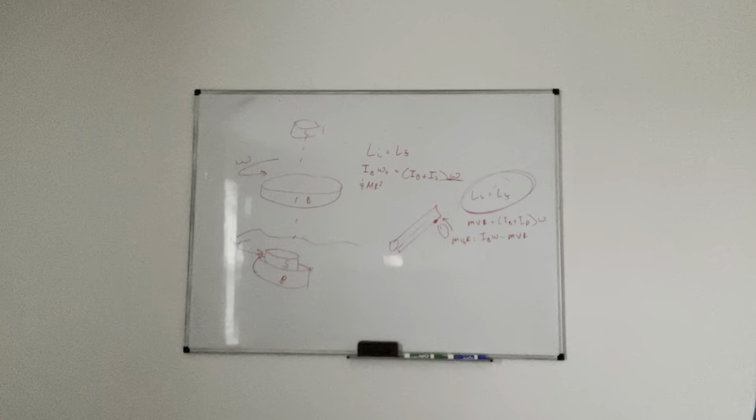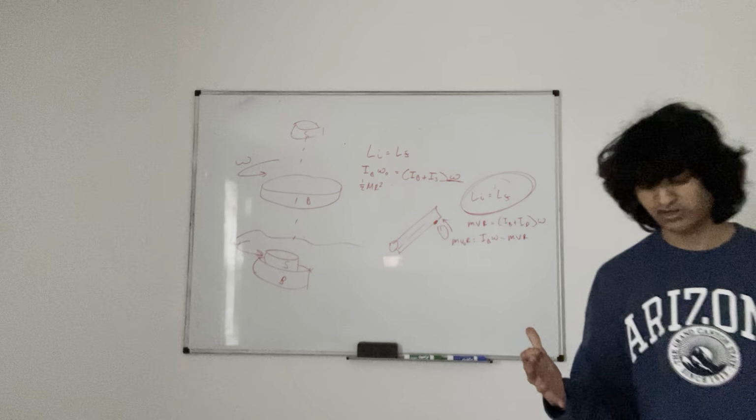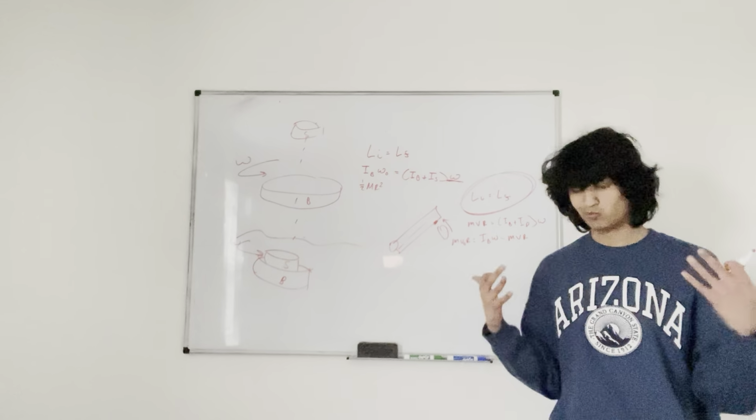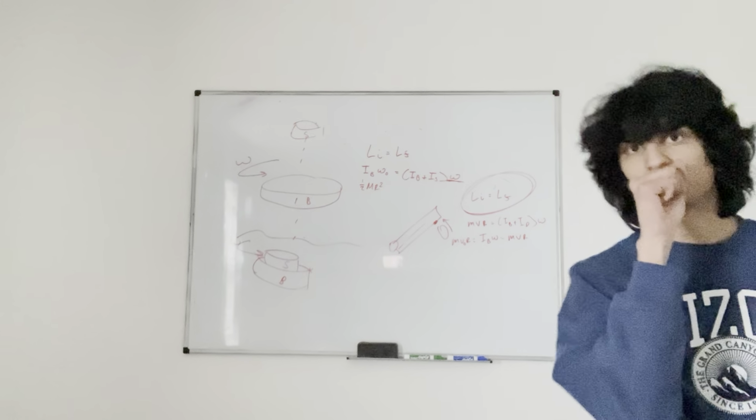I'm trying to think what other things we need to keep in mind. I think that's it. It's really just using conservation of angular momentum, using rotational energy when appropriate. Do not use it for collisions. How long is this video? 16 minutes.